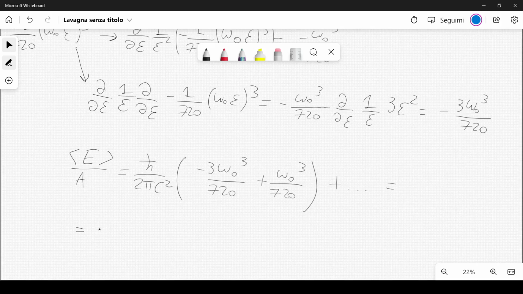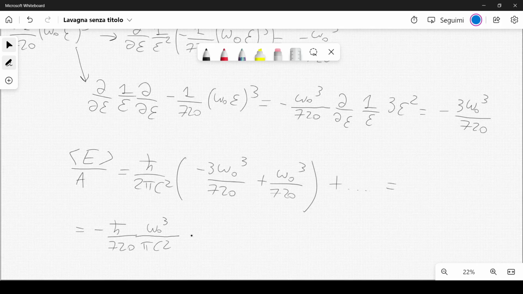And this is just minus h bar divided by 720, and then you have omega 0 cubed. We also divide by pi c squared.